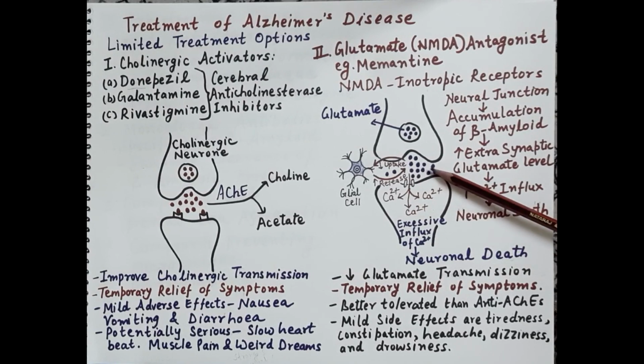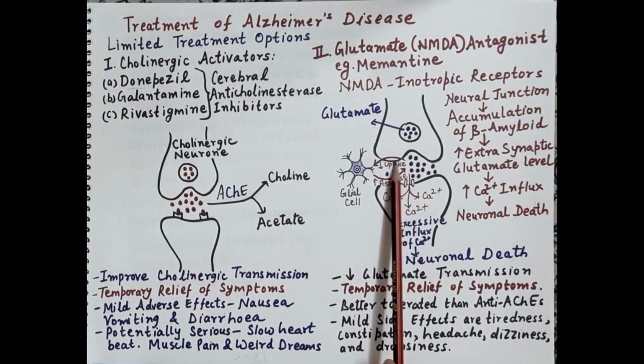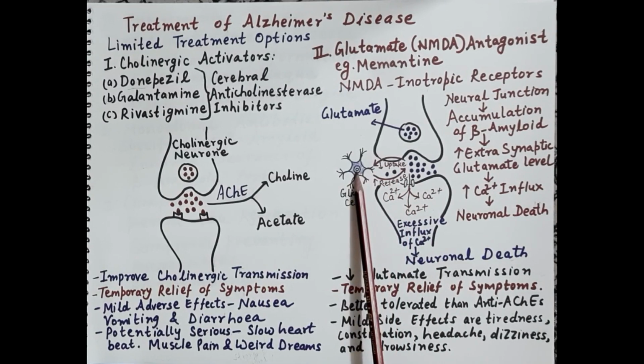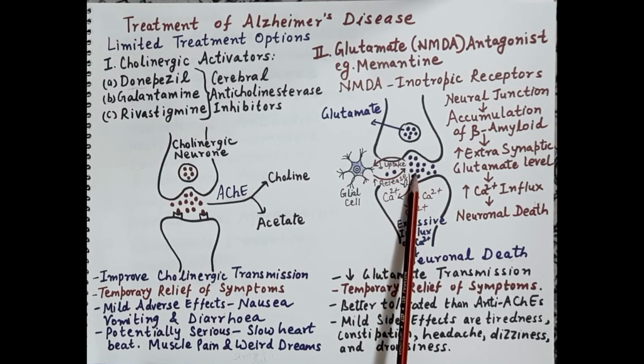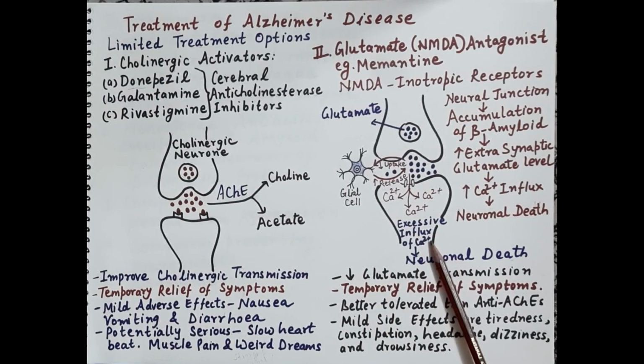Now what happens in this case is that beta amyloid proteins reduce the reuptake of glutamate by the glial cells, and they also cause increased release of glutamate from the glial cells. Because of the increased availability of glutamate, there is potentiation of the glutamate action, and this causes excessive influx of calcium ions. And because of the excessive influx of calcium ions, there is neuronal death.